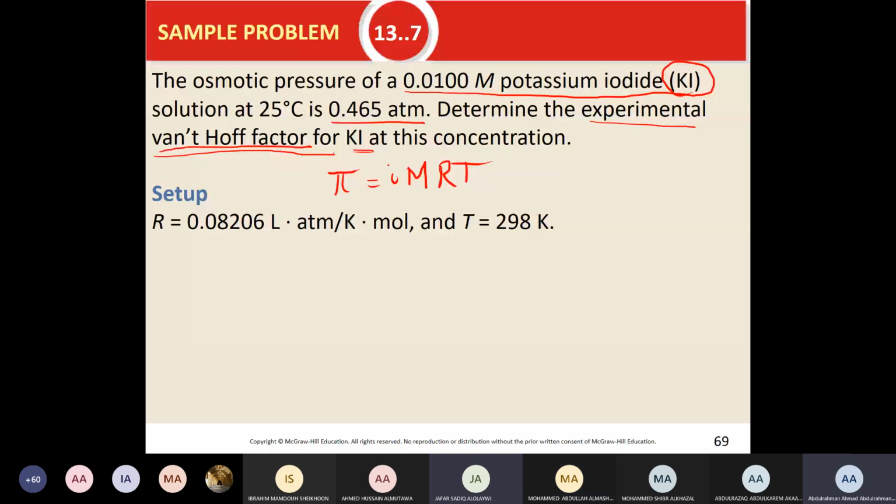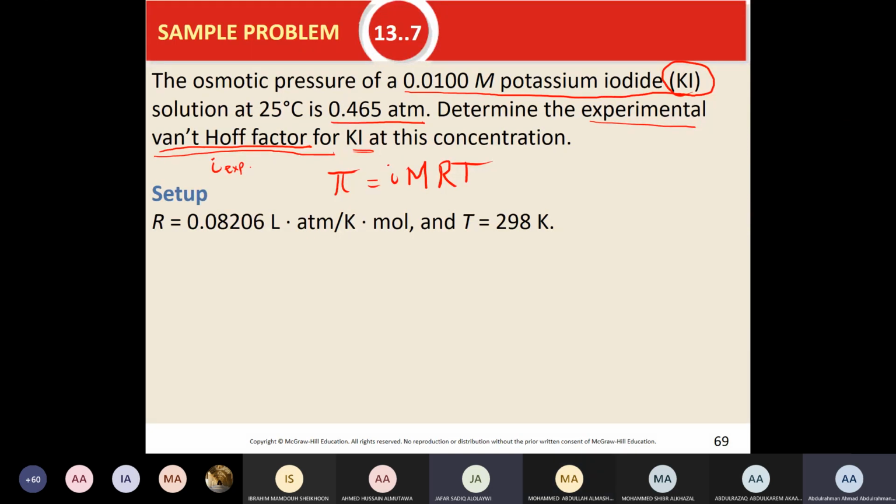Molarity and temperature? No. Read the question and tell me what we are looking for. I. We're looking for i experimentally, in the lab. That's what we're looking for. Before I even do the problem, what is i calculated for this compound? 2.